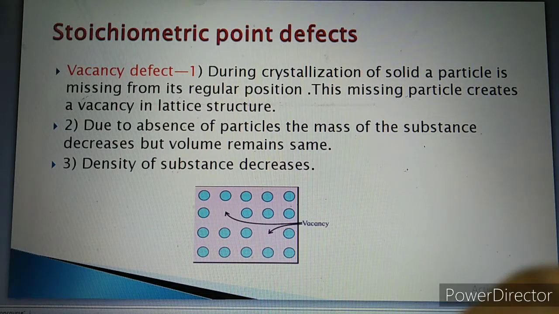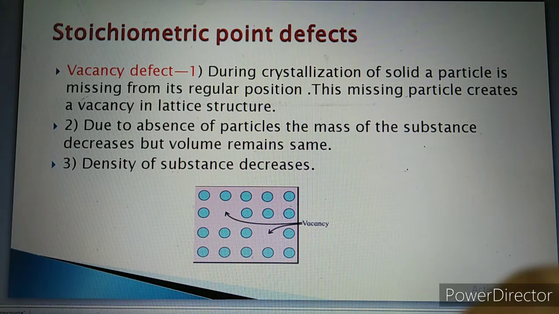If there is an irregularity or disorder found in this fixed ratio, then that defect is called a stoichiometric point defect.